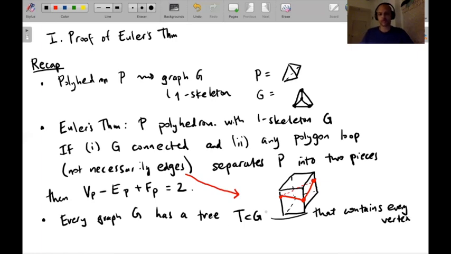We didn't prove this last time. This is on homework 1. And then the last thing I want to mention now is that for a tree, the number of vertices minus the number of edges is always 1.